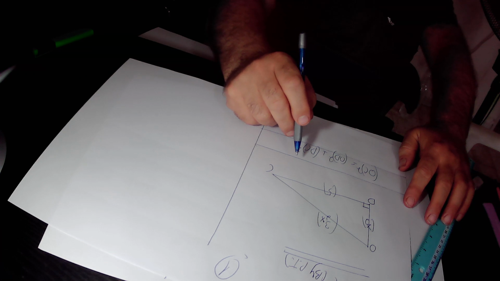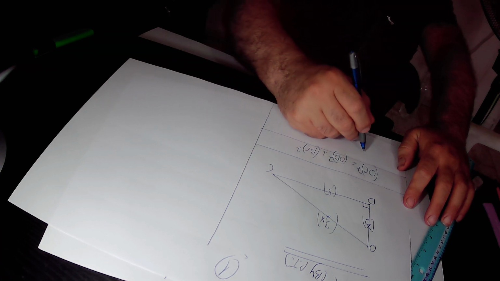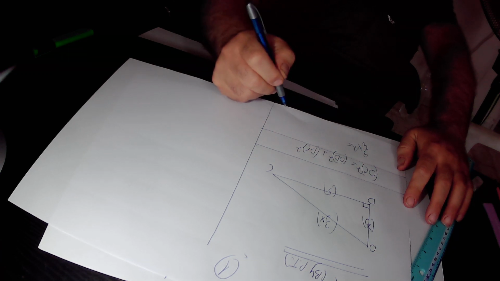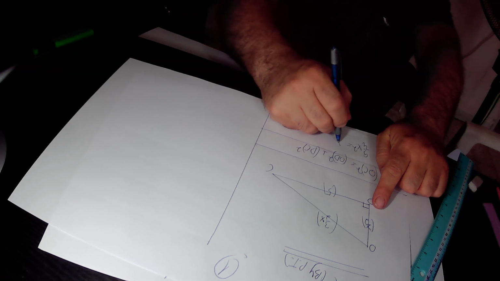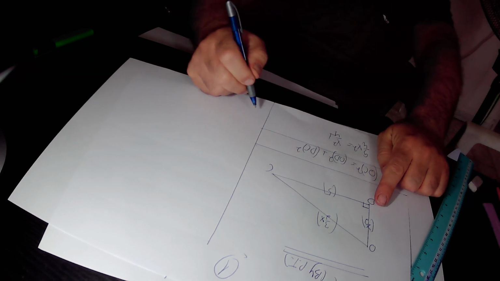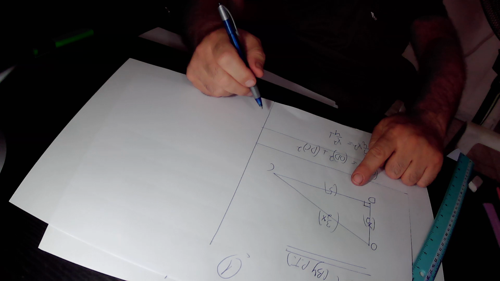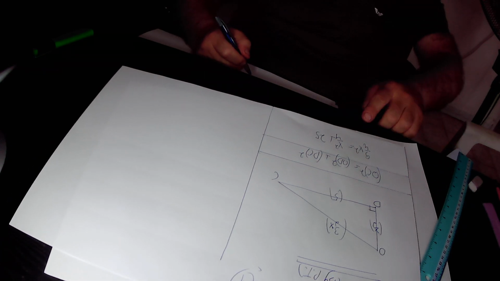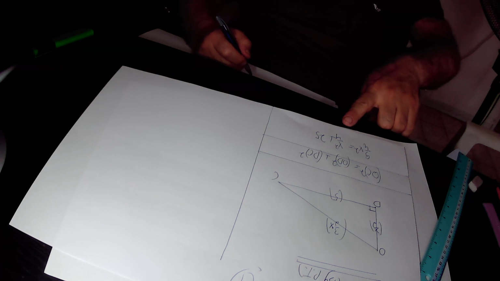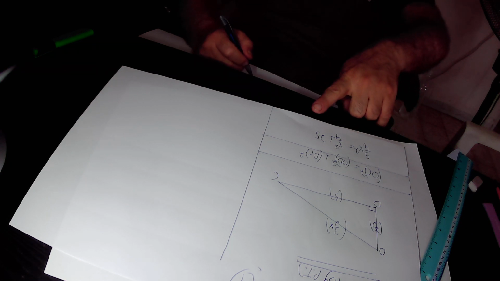Therefore, OC squared is 9 quarters times x squared. And it equals OD squared. OD is x over 2, therefore OD squared is x squared over 4, plus DC squared. DC is 5, therefore DC squared is 5 squared, that is 25. So in total we found that 9 quarters x squared equals 1 quarter x squared plus 25.